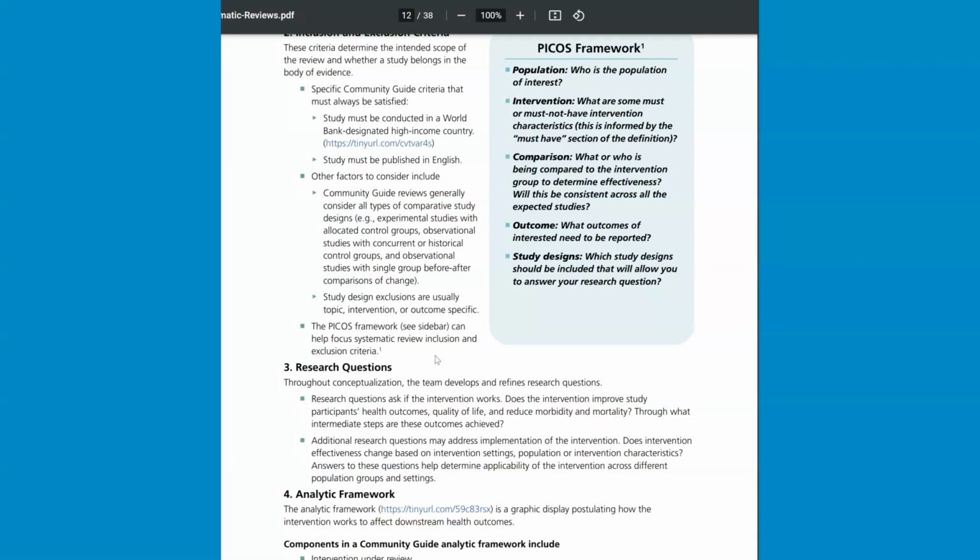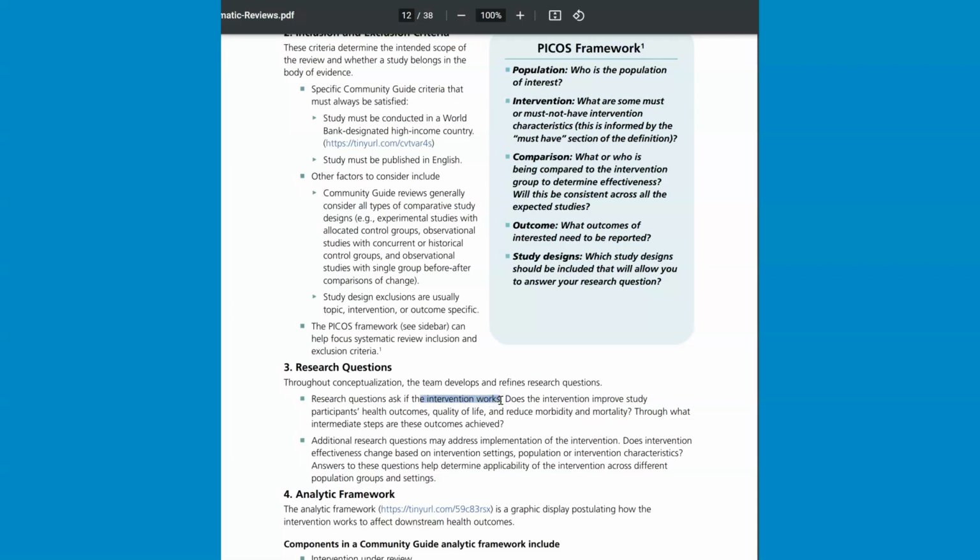Instead of trying to get the most perfect research question the first time, it's more important to take the principles that have been provided. There are two basic principles. Research questions ask if the intervention works. And I'm going to make a specific note here: research questions are of all different varieties, and this specifically is geared towards asking if an intervention works.